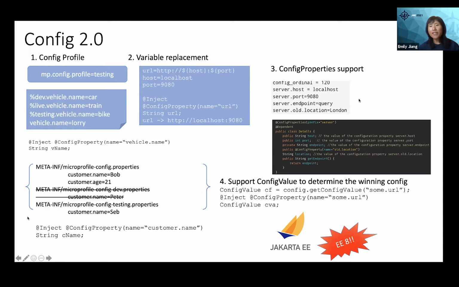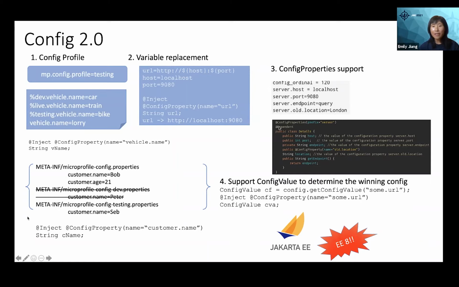The third feature tries to solve the problem where you have multiple properties that are all related to one entity. For example, here you have server host, port, endpoint, old location, etc. You might want to create a class directly to represent these properties in one entity.